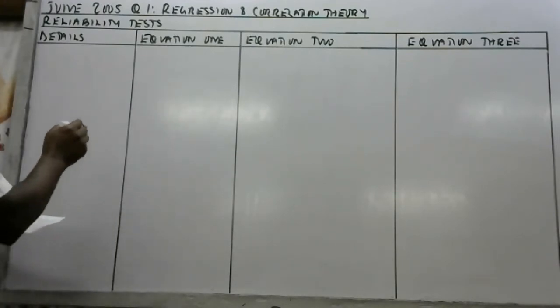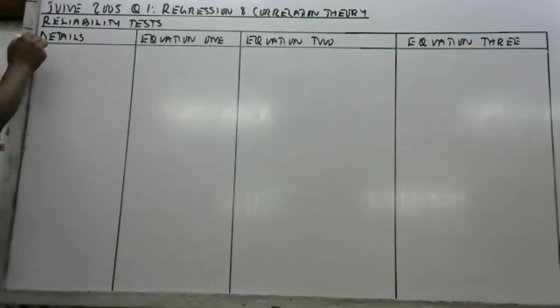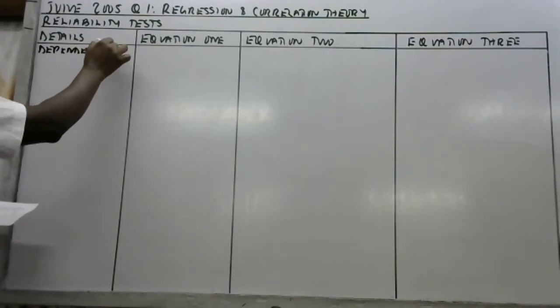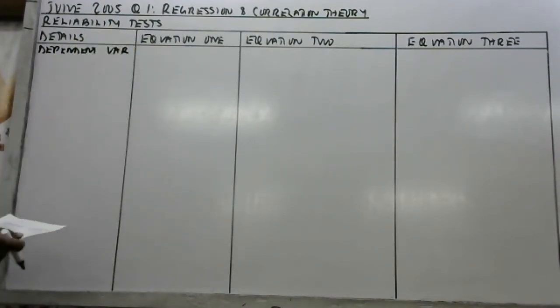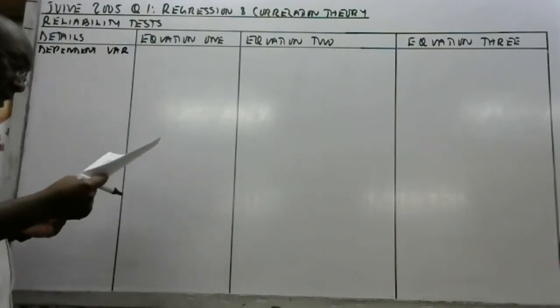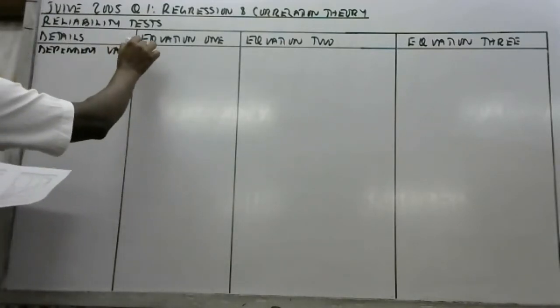One is the dependent variable. Now, dependent variable in equation 1 is the operating cost.